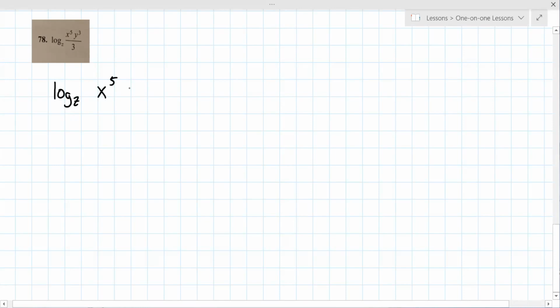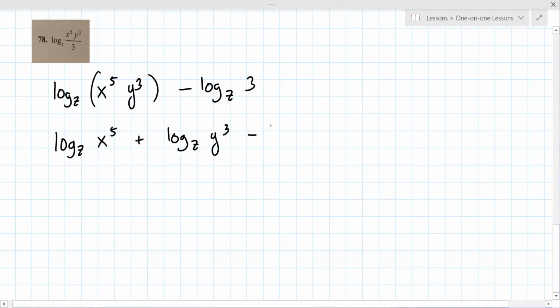What you might find is that if they're in the numerator, you make them positive, and if they're in the denominator, you put a subtraction symbol in front of them. So you break apart the numerator. Then the last step is to bring the exponents out in front.